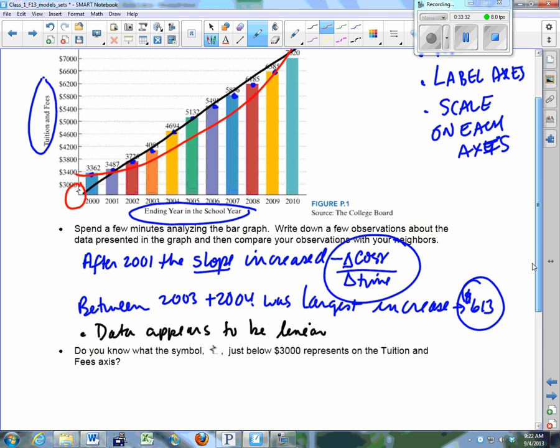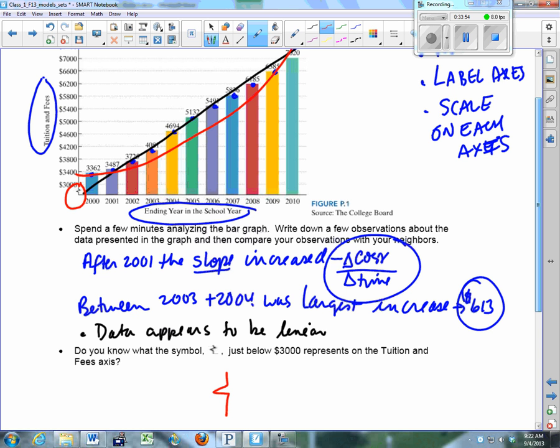Then I wanted to point out this little thing right here on the y-axis. What does that represent? 3,000? Right, so what's below 3,000?